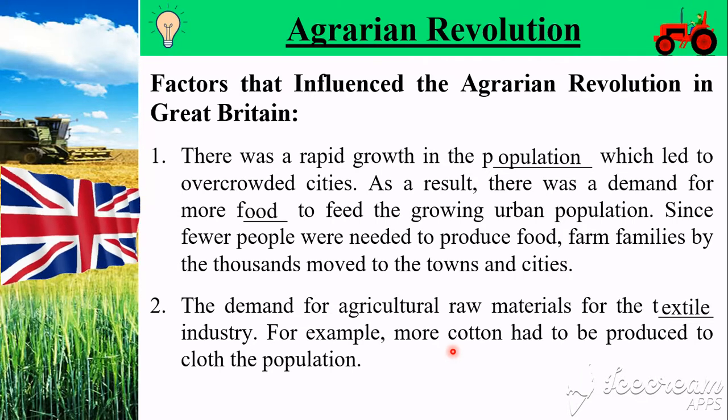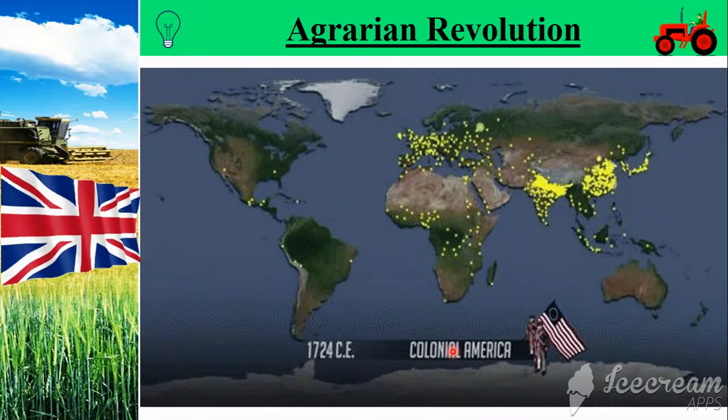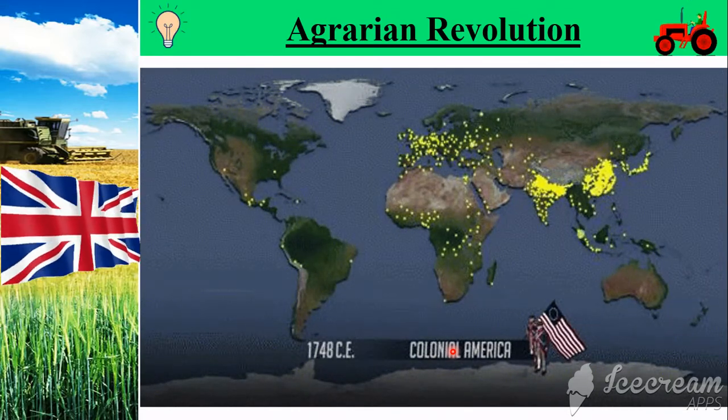Because remember that once the population increases, not only will you need to feed them, but also be able to provide different things like clothes. And in that case, the textile industry would come into play. So there was a demand for more agricultural products like the fur from animals to help with making cloth. Right? So the population definitely started to increase.